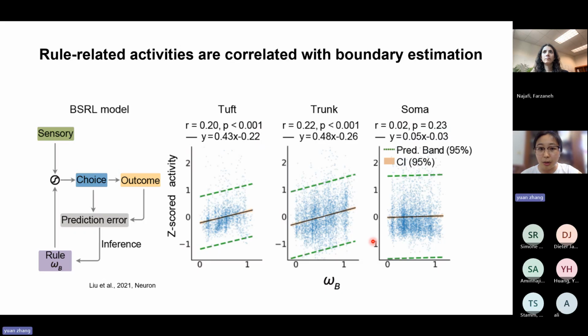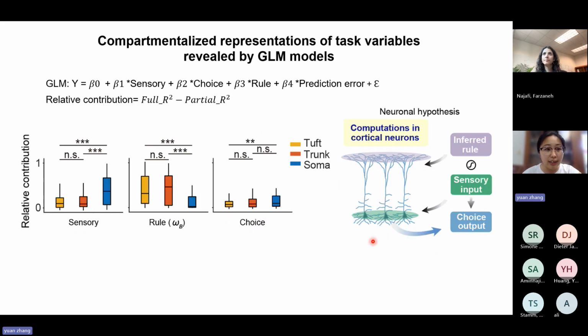Okay. So then we look at whether there is compartmentalization. We use a GRM model, and here you see the sensory, choice and rule information. Here the rule information uses the boundary estimation. We found the dendrites show less sensory information than soma, while dendrites show more boundary estimation information than soma. For choice there is not much difference, because we think choice is the result of an integration.